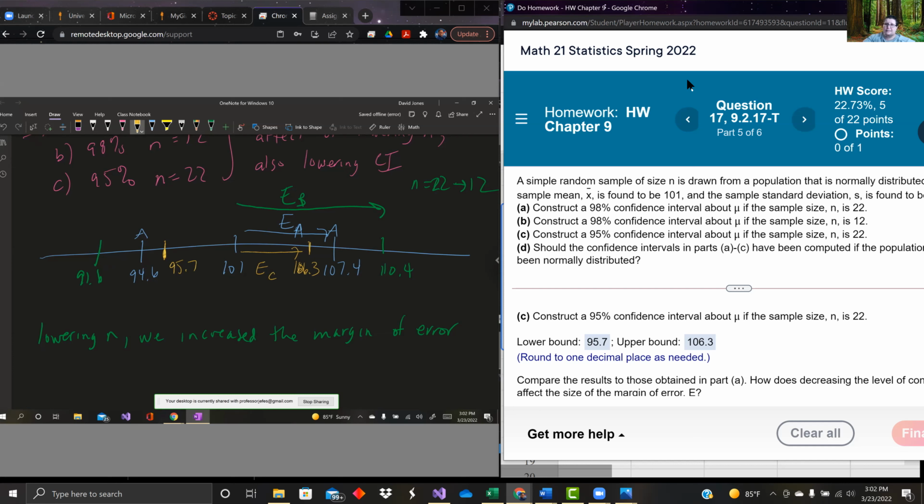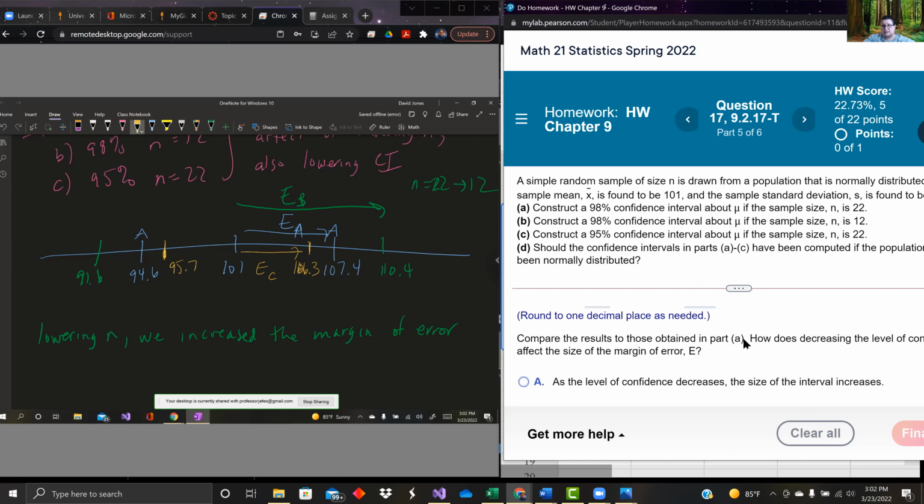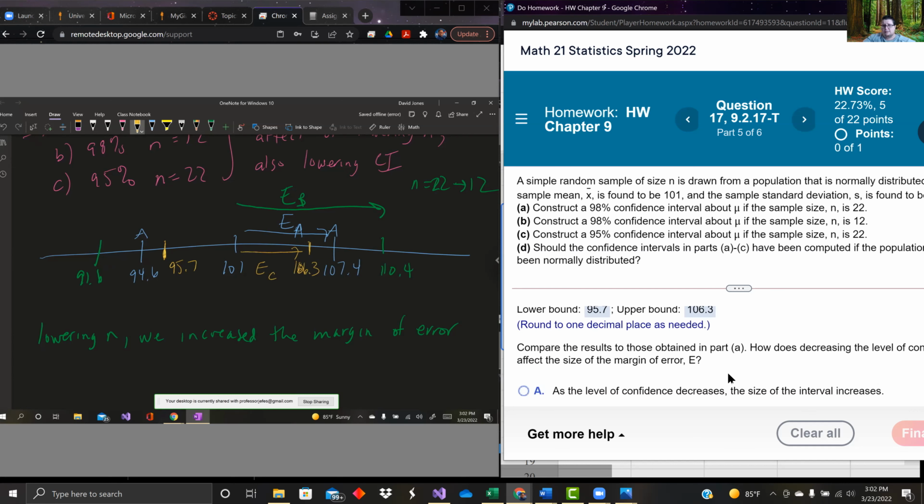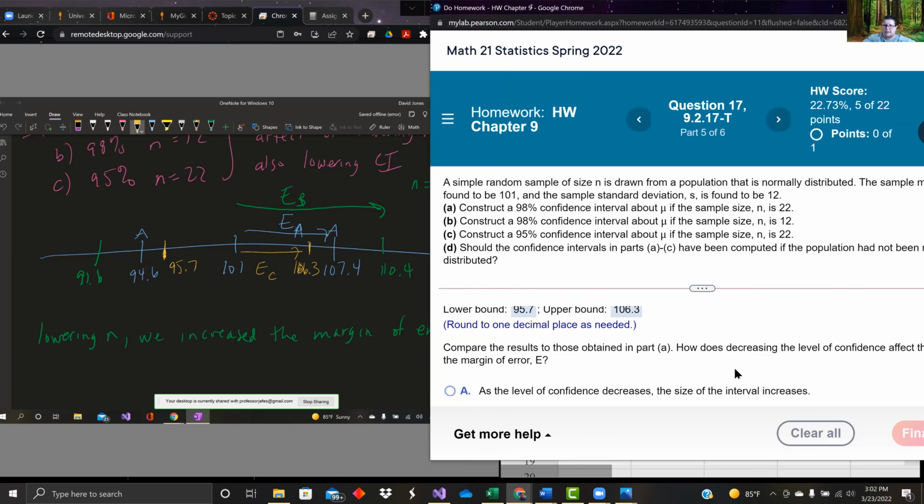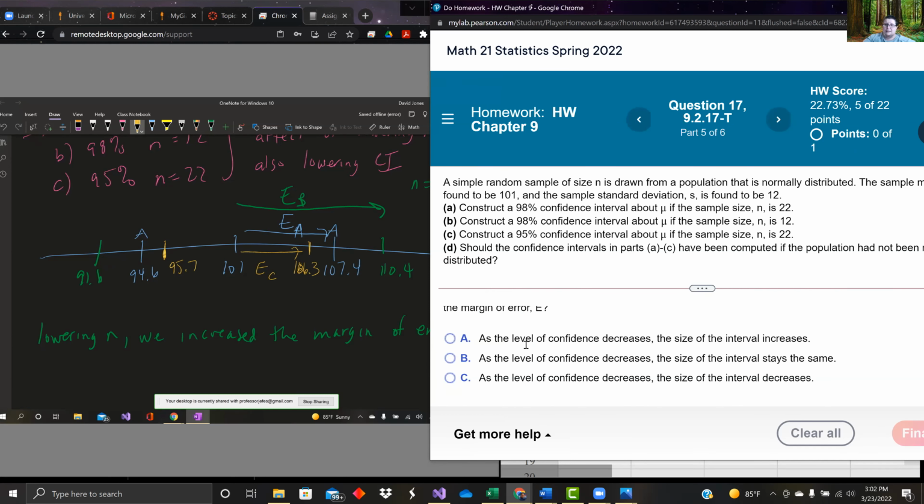So is that what they're asking us here? How does decreasing the level of confidence affect the margin of error? As the level of confidence decreased, so did the error.